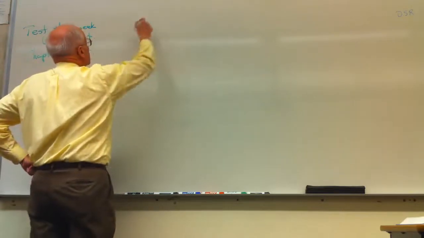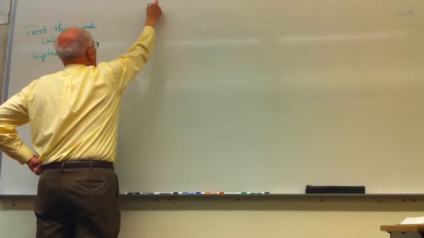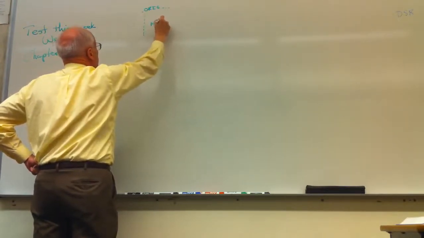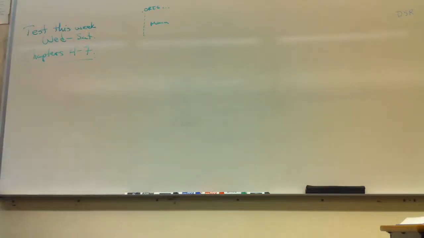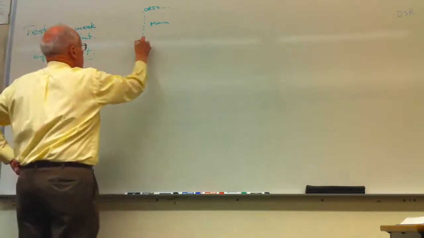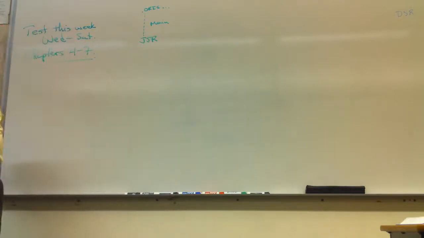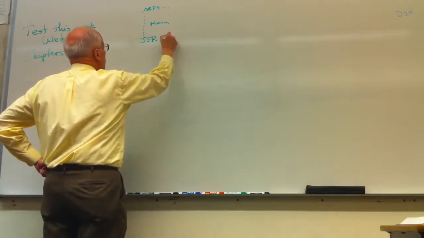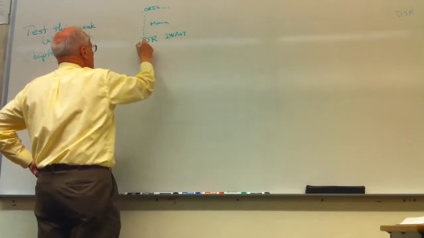Here's the way the thing works, basically. We've got our main program here. And now I want to branch to a procedure. The instruction is JSR, and I'll just put a name in here, input.